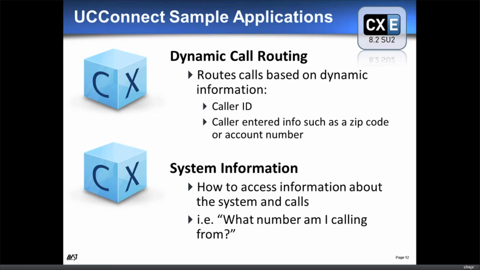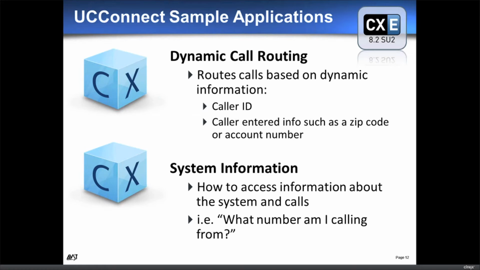But assuming that we get that, and or perhaps some caller-provided input, DTMF input over the phone, or language, or what time of day, or day of week, or what have you, depending on the variations of your application, we can make decisions on what to do with that call and where to transfer that call, or perhaps different treatment for that call based on that type of information.